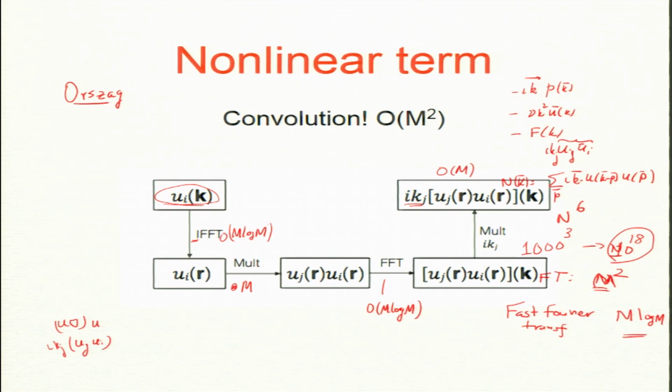For m of 10 to the power 9, with log to the base 2, this is basically 9 log 10 base 2, which is around 3, so 27, 28 or so. So, the whole algorithm is m log m, not m squared.